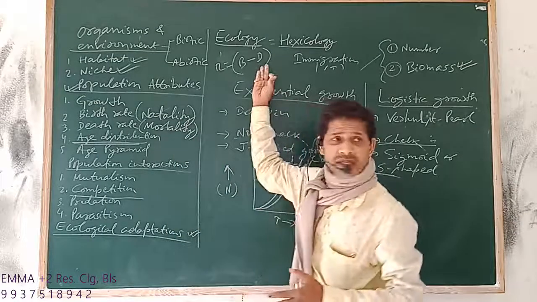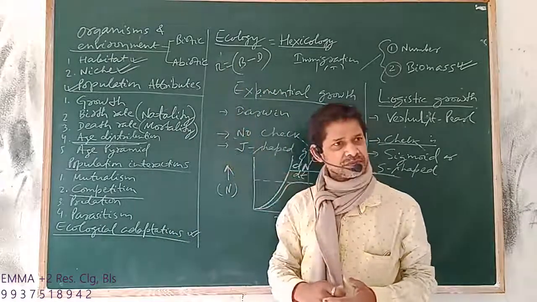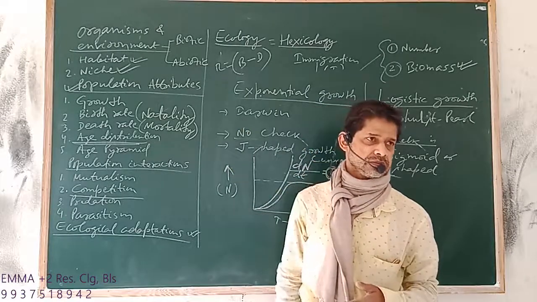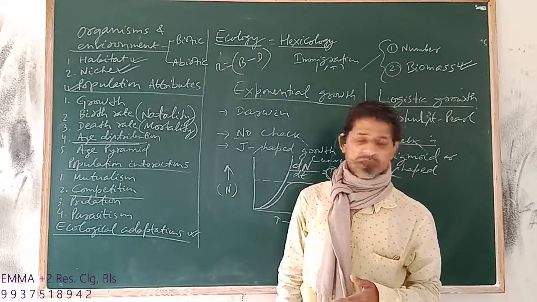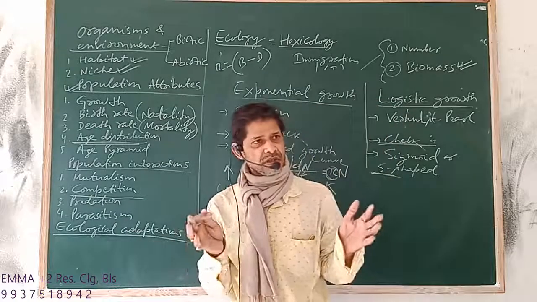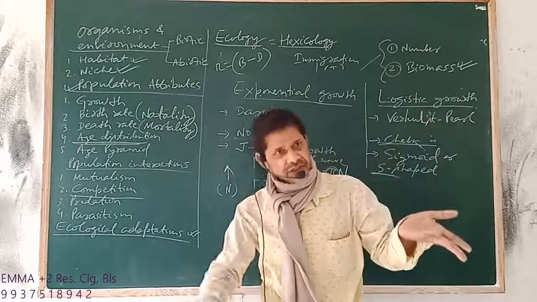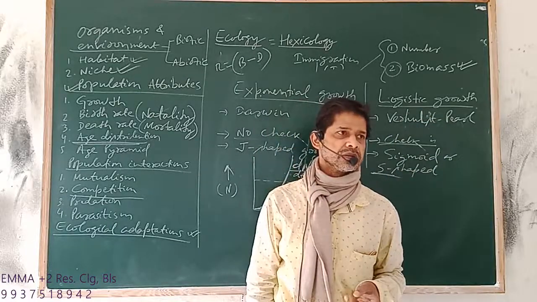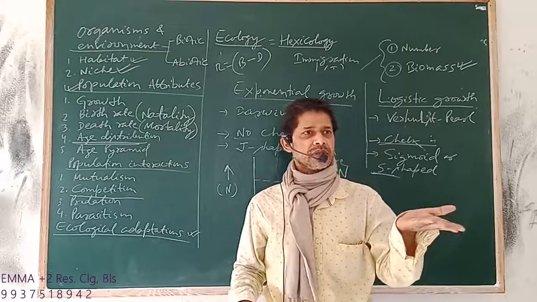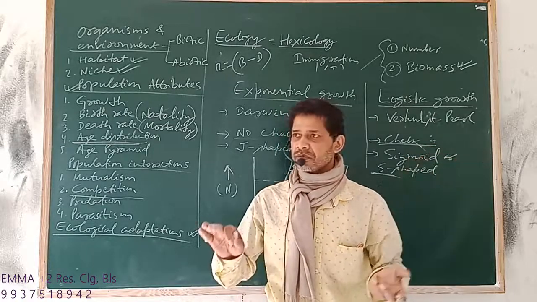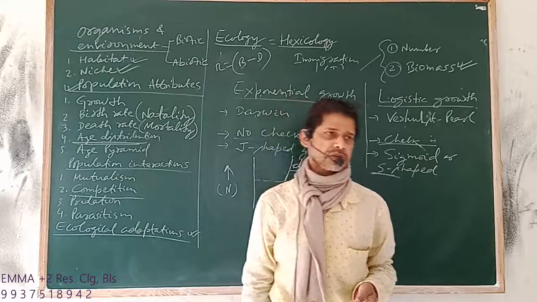The one whose death is more means R value less. R value less means it is lagging behind in competition. So during competition, it is the relation interaction. One is dominating and another is losing. So winner loser. The one whose R value increases is the winner, the one whose R value is less is the loser.